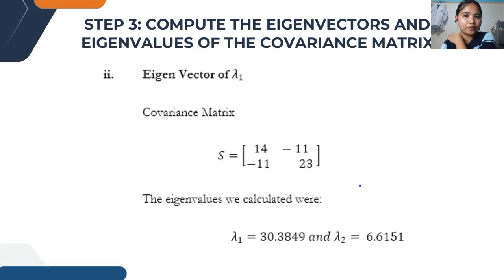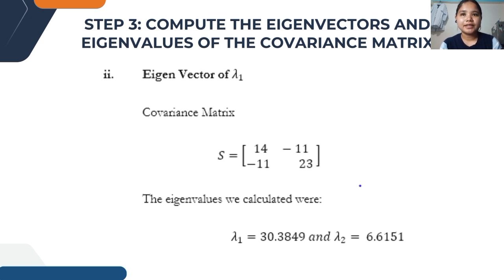So note that our covariance matrix earlier was this one, and the eigenvalues we calculated are lambda sub 1 equal to 30.3849 and lambda sub 2 equal to 6.6151.